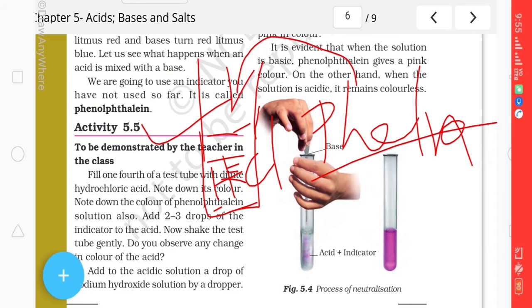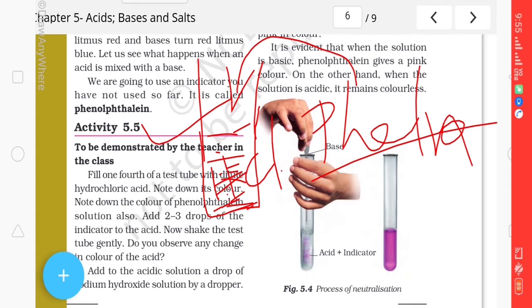We are adding 2 to 3 drops. When we add phenolphthalein, will there be any change in the hydrochloric acid in the test tube? The answer is there will be no change. The solution will remain as it is.